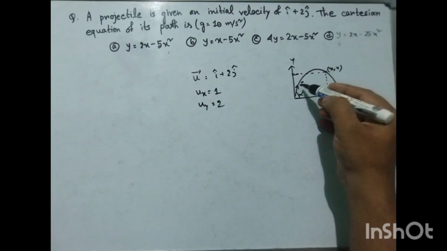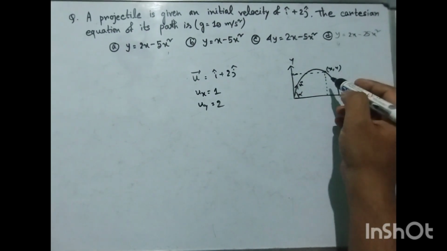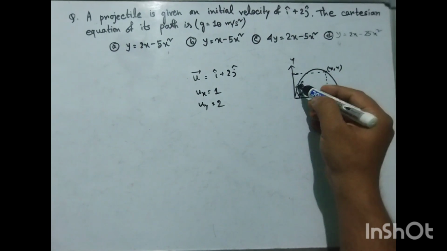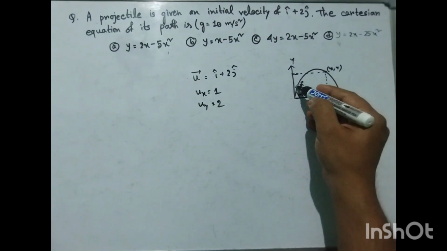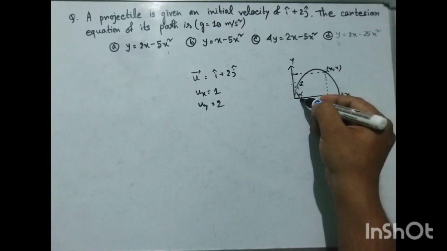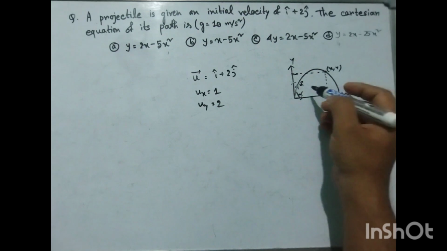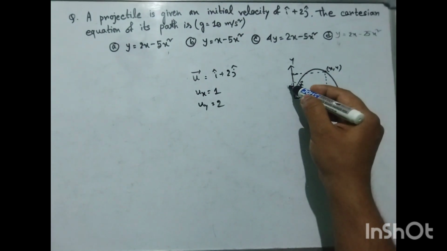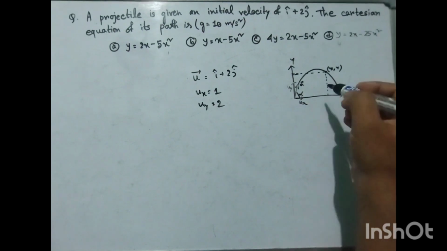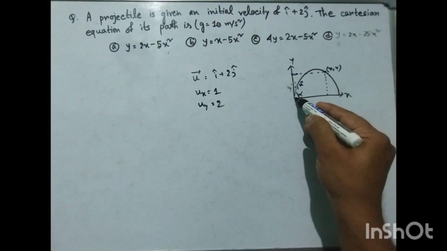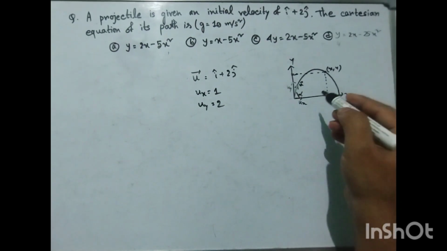The projectile motion is two-dimensional motion, and we can study it by breaking it into rectangular components, ux and uy. Then we can study this motion as two independent one-dimensional motions.